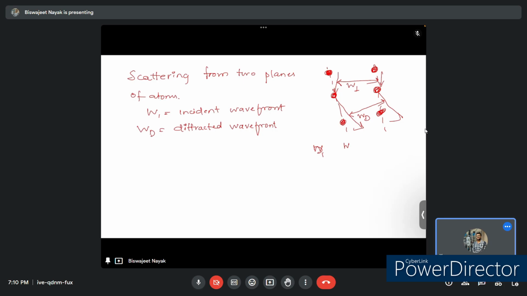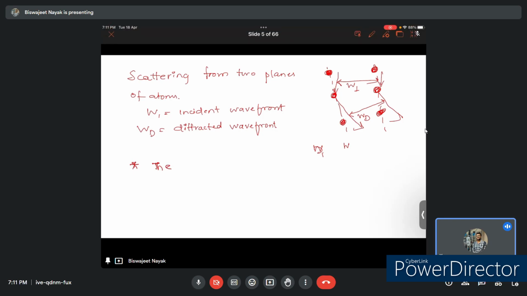The condition for individual waves being in phase is known as the Laue condition, right?